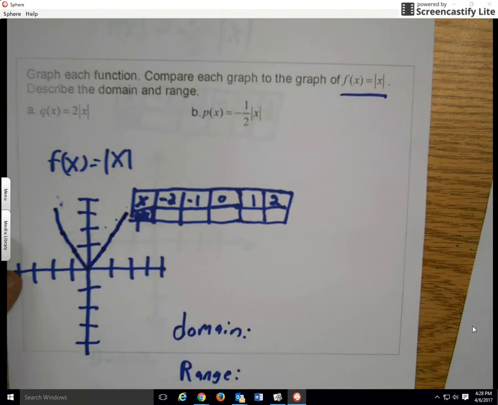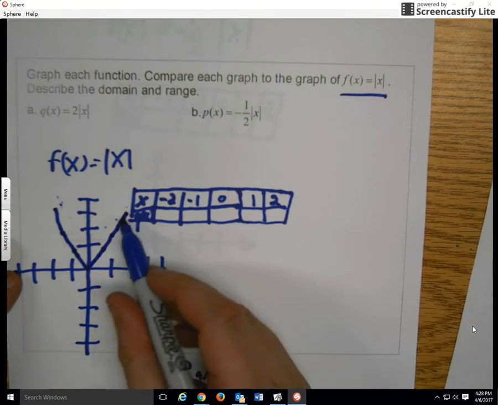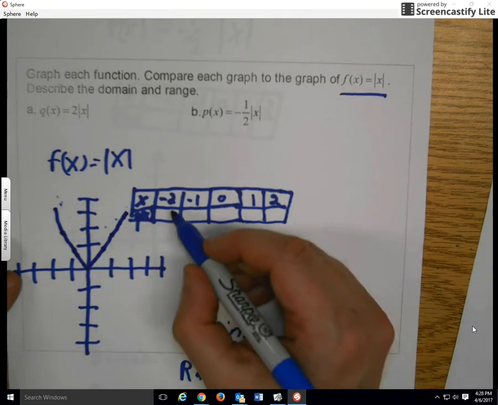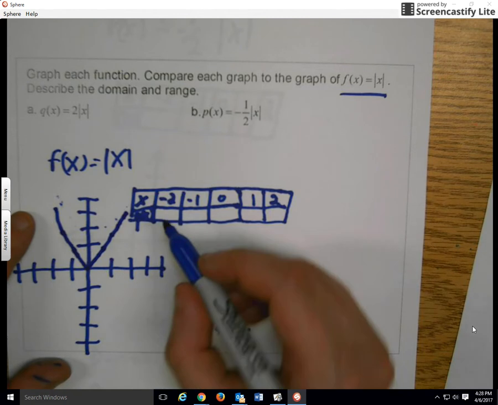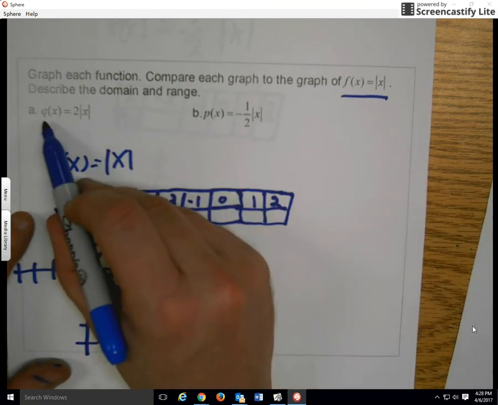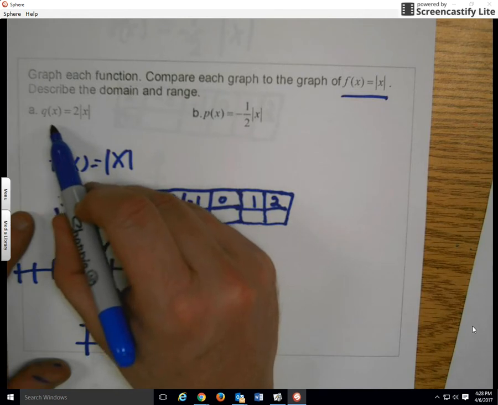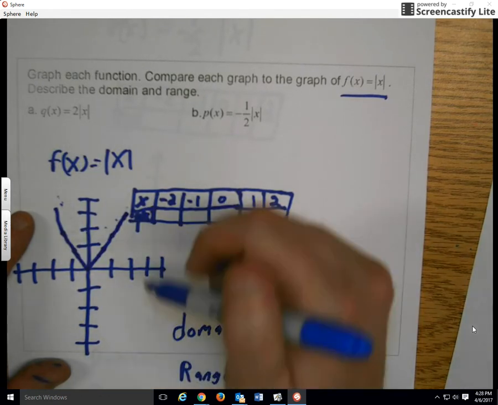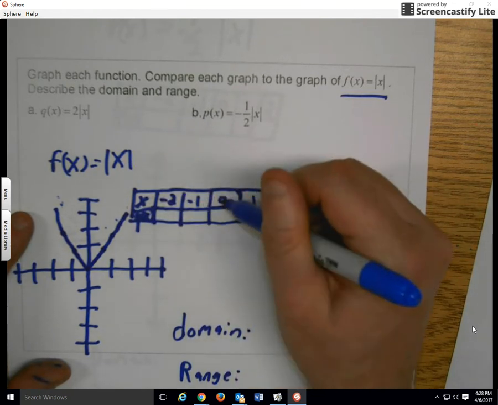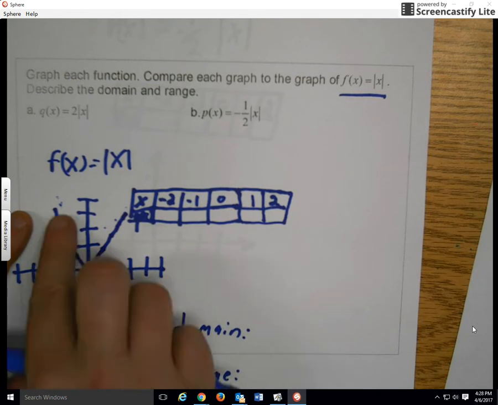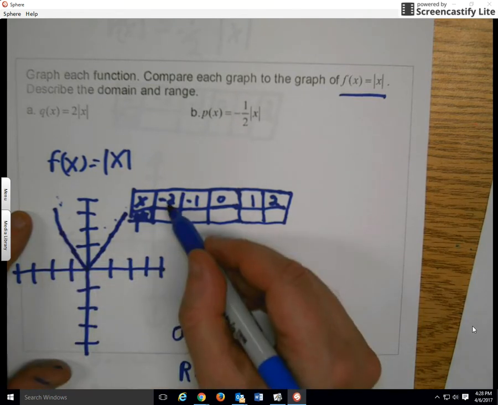But then how are we moving it, right? Well, that probably could have been over a little bit more than that. But how would we transform it? Well, it wants us to do a change with q of x equaling 2 times the absolute value of x, right? So we could choose any numbers we want, but it's smart to choose small numbers close to this. And we'll start with a negative 2.